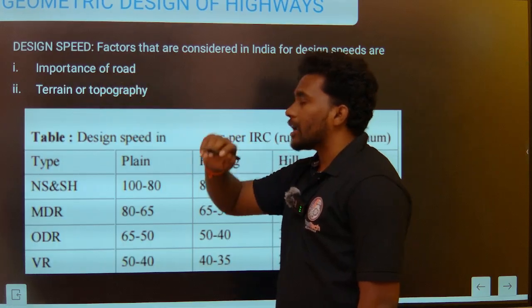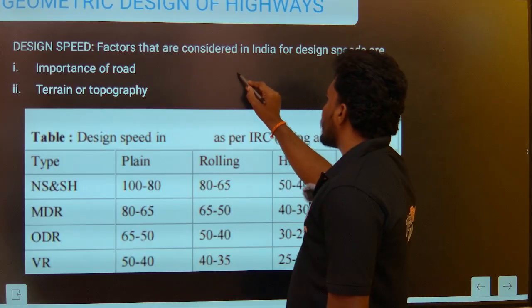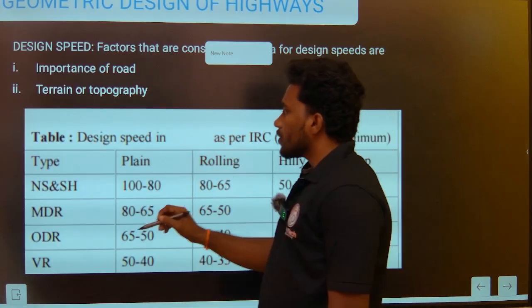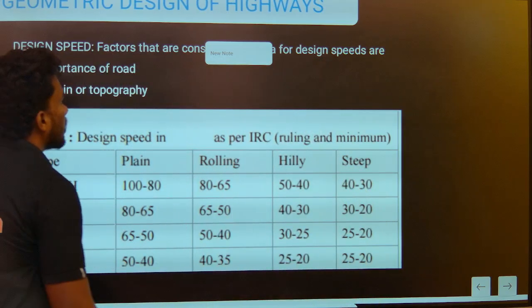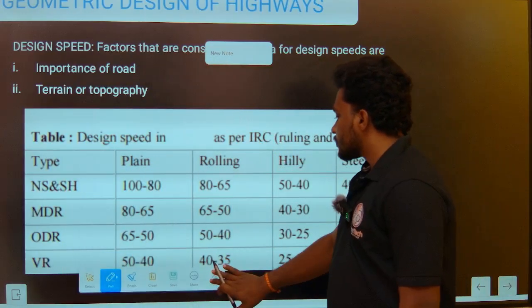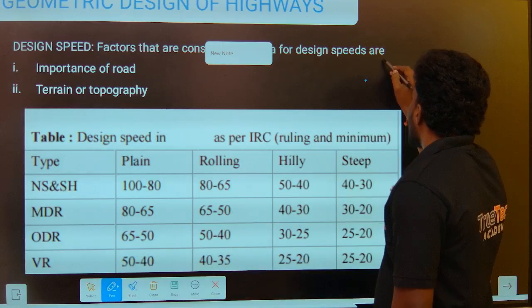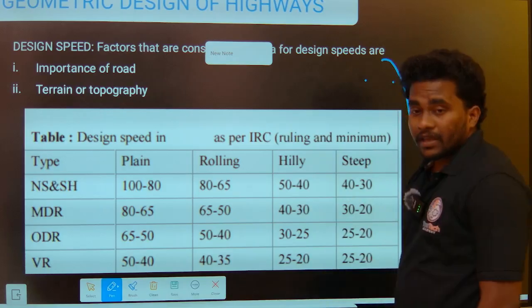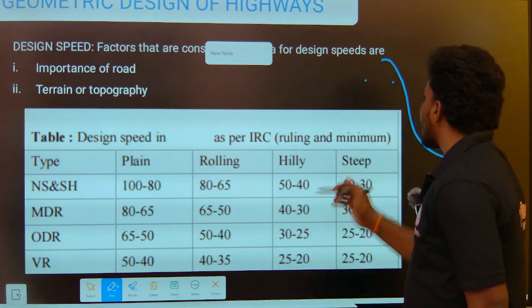And for terrain and topography, now we are having a steep terrain. Shall we ride a bike at 100 kmph?